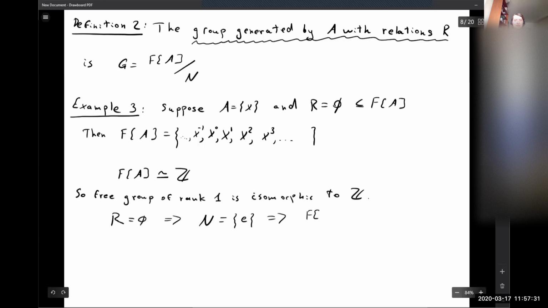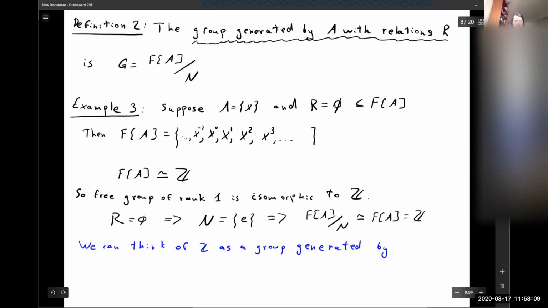This means that F of A quotient by N is isomorphic to F of A, which is Z. So we can think of Z as a group generated by a single element with no relations.